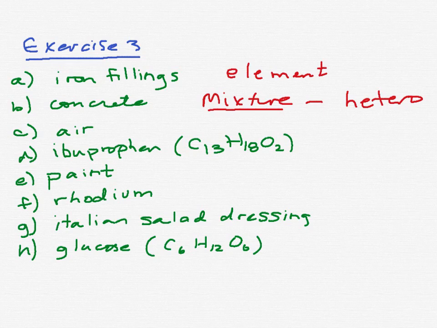Air. Air is not a pure substance. There's not one chemical formula that you can give to air. Air is a blend of many different components, and there are lots of different qualities of air around the world.